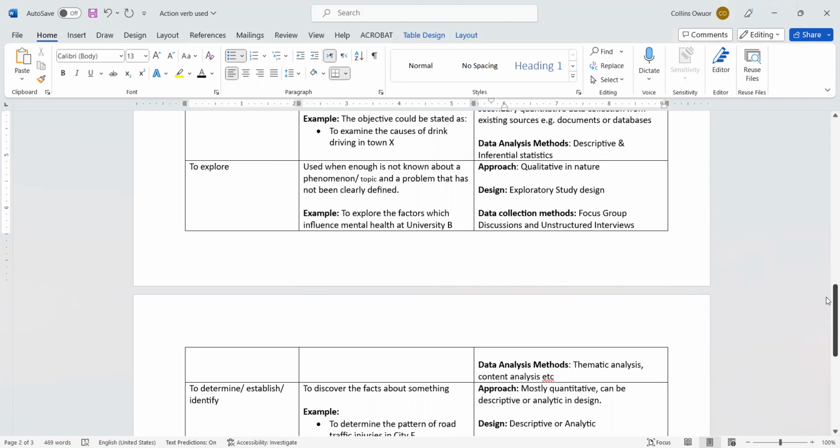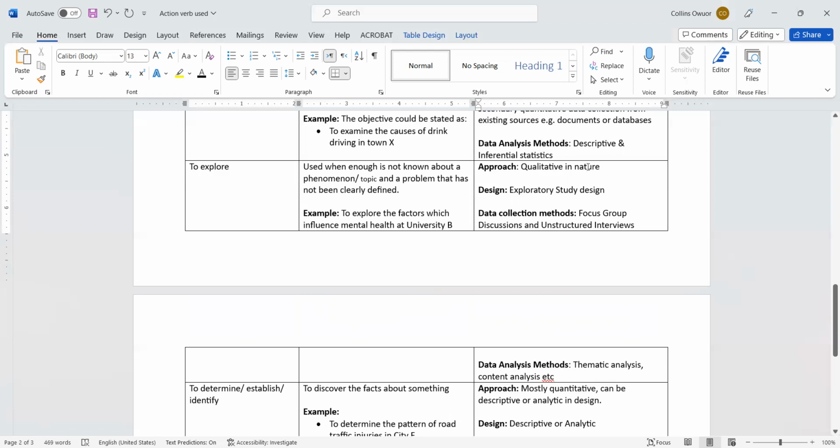To explore is basically to have an in-depth study of something. Mostly it happens when only a little is known about a specific topic. So it's absolutely qualitative in nature in terms of the approach.